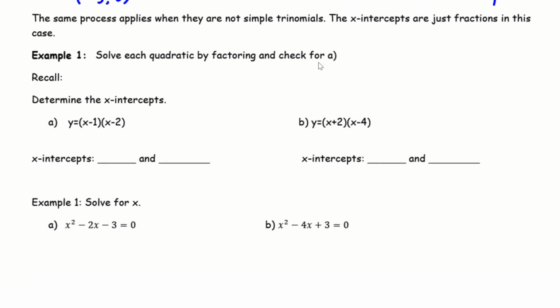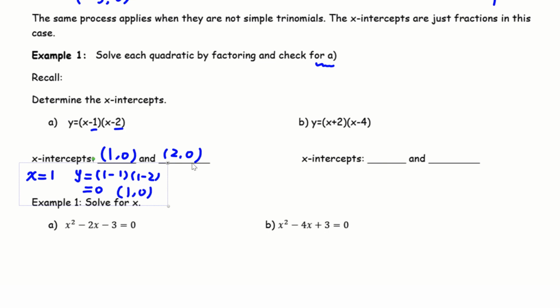Solve each one and check for a. For this one, taking the opposite numbers, it's (1, 0) and (2, 0). Let's check why it works. x equals 1, we substitute in. We have y equals (1 minus 1) times (1 minus 2), then we have 0. So a point on the graph is (1, 0). That is your x-intercept.